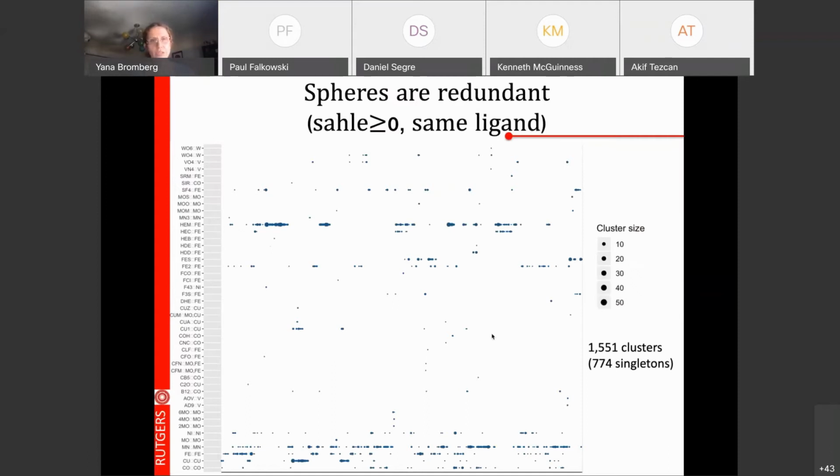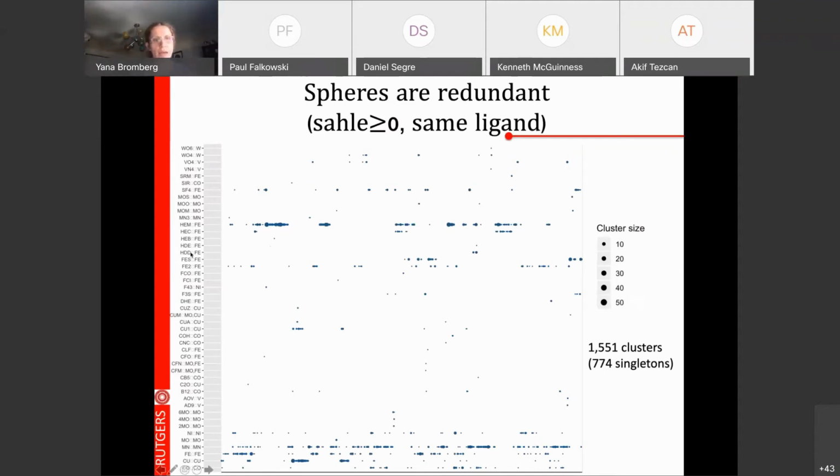So if I asked a clustering algorithm to tell me, at a Sahle score of above 0, what are the clusters that contain 100% of the same ligand binding proteins, what I would observe is that there are 1,551 clusters, which basically means that rather than having 4,613 proteins, we can choose the representative proteins per cluster and just rely on them rather than looking at the entire collection, in order to describe the diversity in the world.